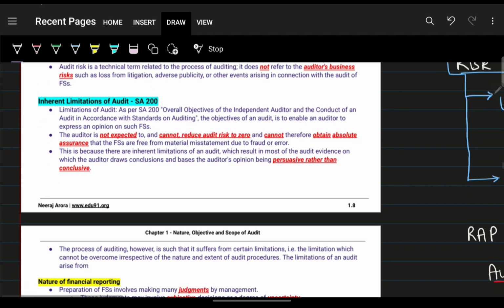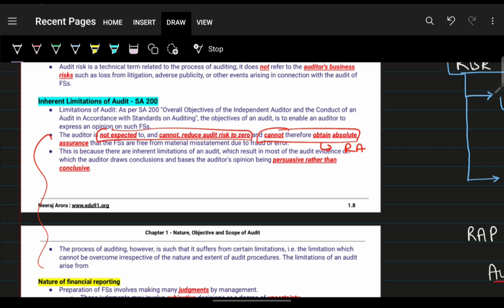Next, so what did we learn over here? Firstly, we had to write those three or four points, right? First is that the audit risk can never be zero. So audit risk cannot be reduced to zero, and we cannot obtain absolute assurance. We can obtain only reasonable assurance, right?